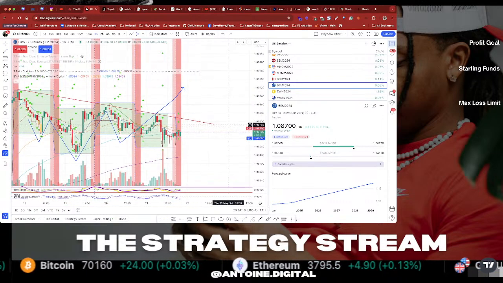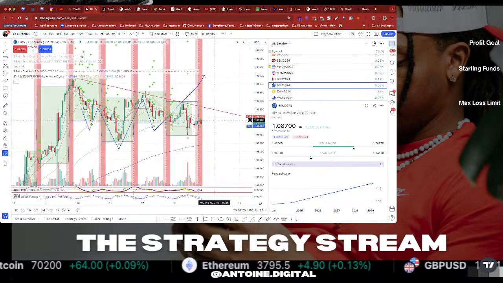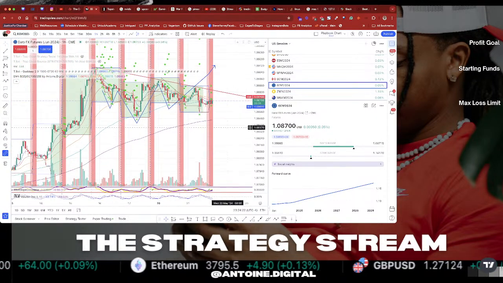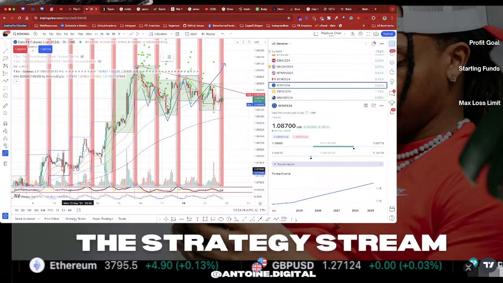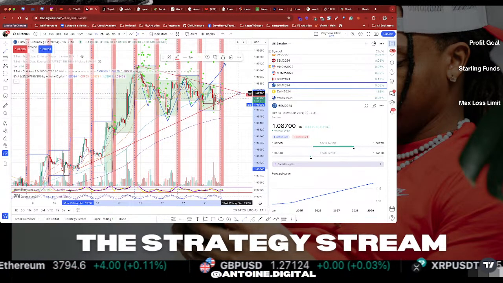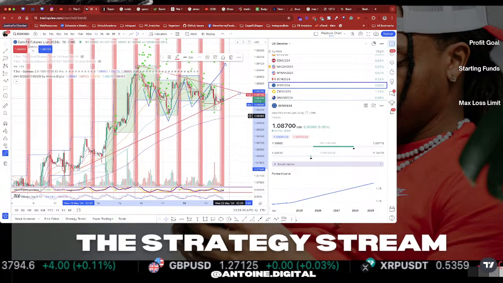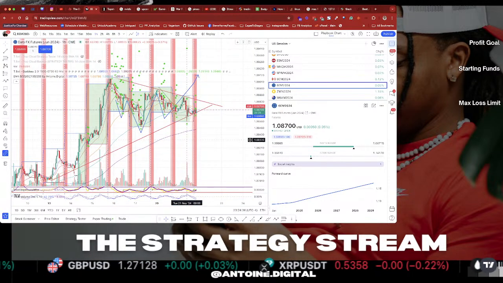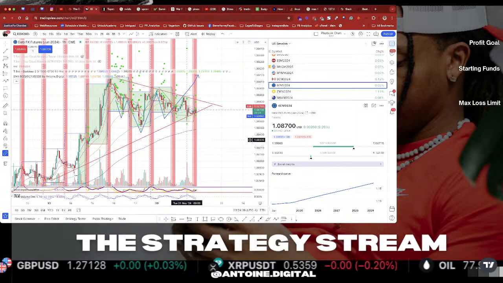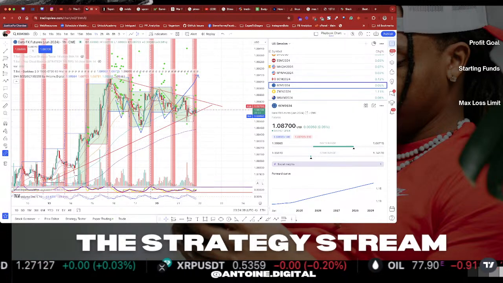This market is falling, so be careful. It got some bullish behavior. It's still way above the EMA 200 on the 1 hour. So we've got to see what happens there.